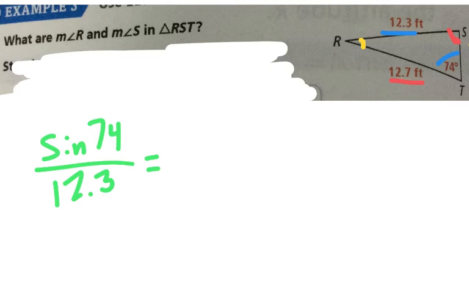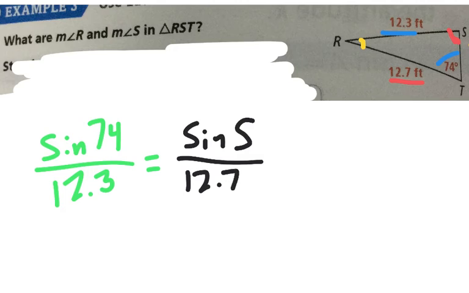So instead, the better place to start is to find angle S, because I do have a known side length opposite S, and it's 12.7. So as I plug in here, I'm going to be looking for sine of the angle S, I don't know what that is, over the side opposite, 12.7. So hopefully that setup makes sense to you.